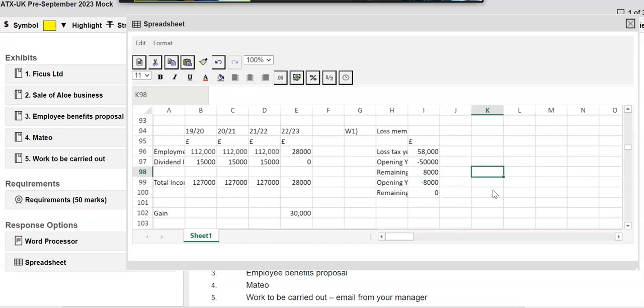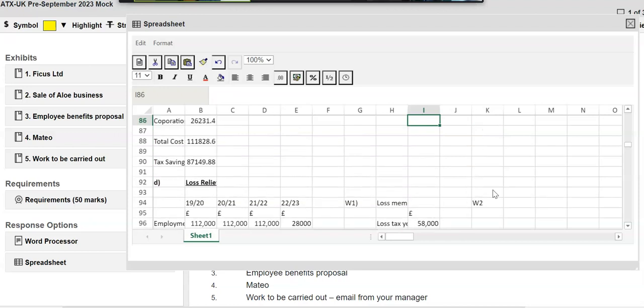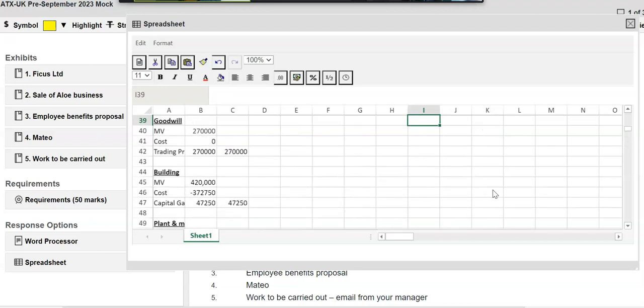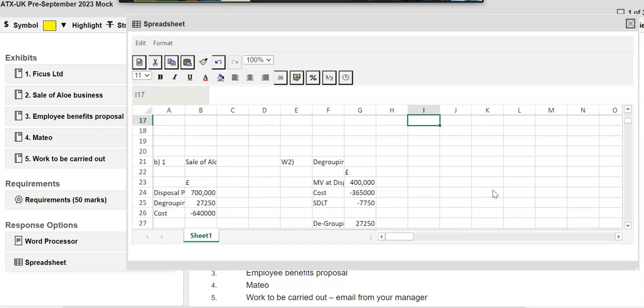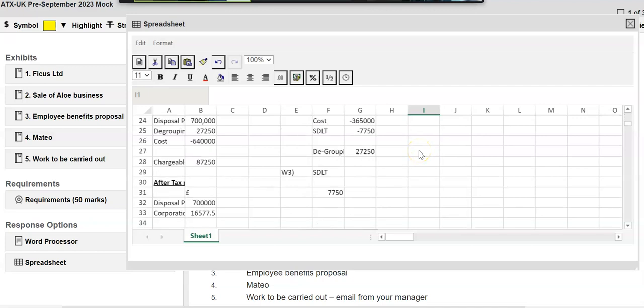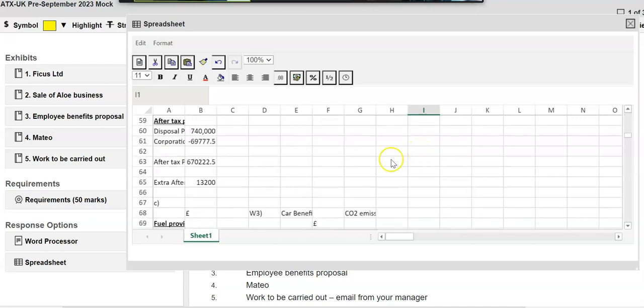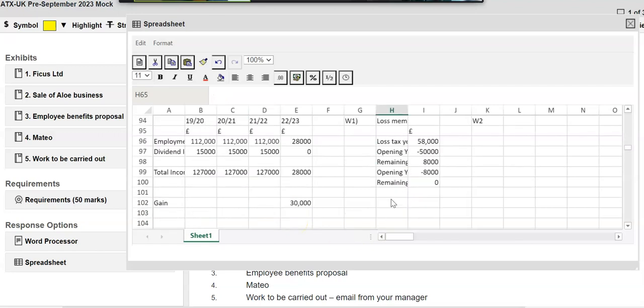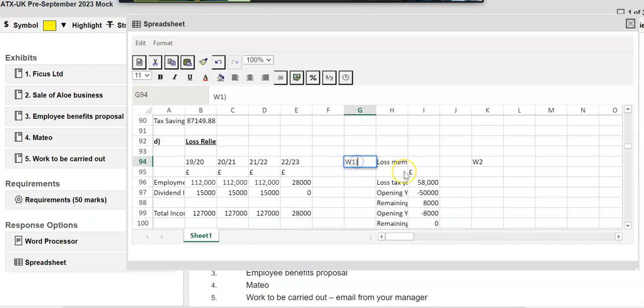Okay. Moving on, working number 2. No, how many workings have we made so far? Let's see. Working number 1, 2, 3. It was actually working number 4. Okay, now this is actually working number 5, and then working number 6, again a loss memorandum.